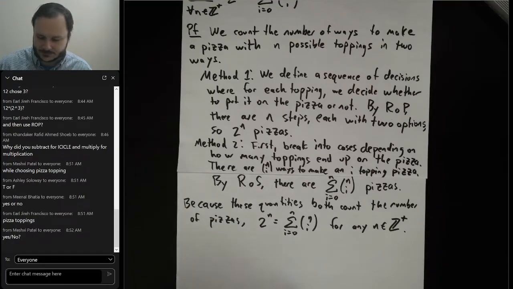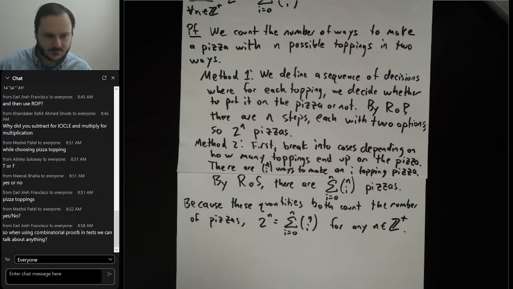Okay. Yes, absolutely. If you have a test or a quiz and you decide that a combinatorial proof is appropriate, I will caution you that if your example starts getting very silly, it's possible that you'll lose the grader.